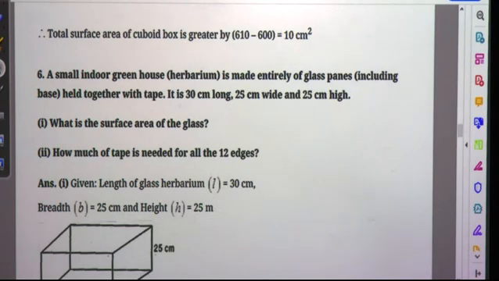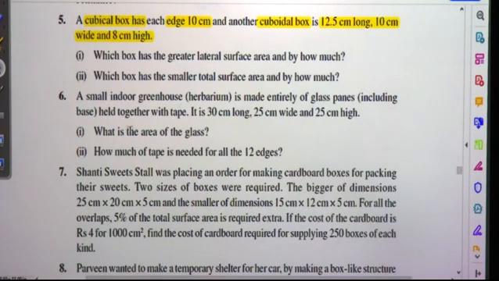Let us switch to the next question. A small indoor greenhouse is made entirely of glass panes. A small indoor greenhouse, herbarium, is made entirely of glass panes, including base, held together with the tape.